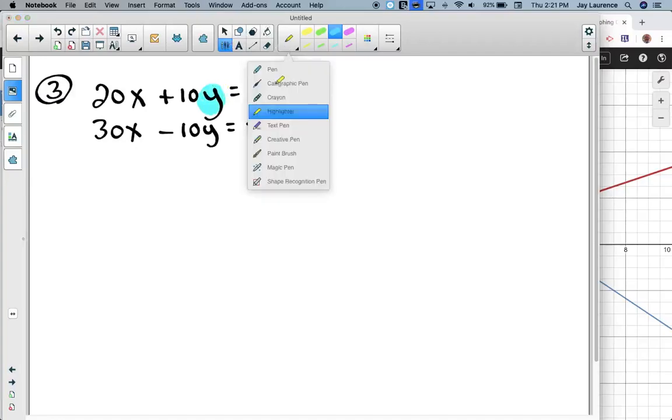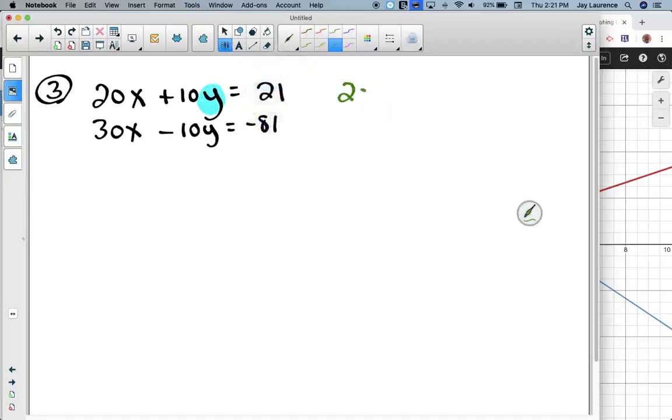All right, so let me write down here 20x plus 10y equals 21. And I'm going to solve for y.